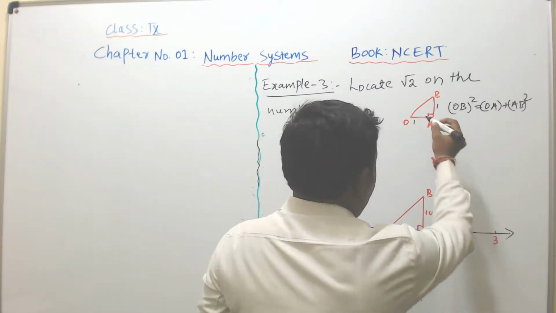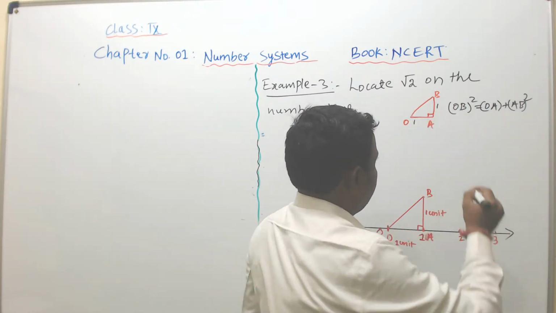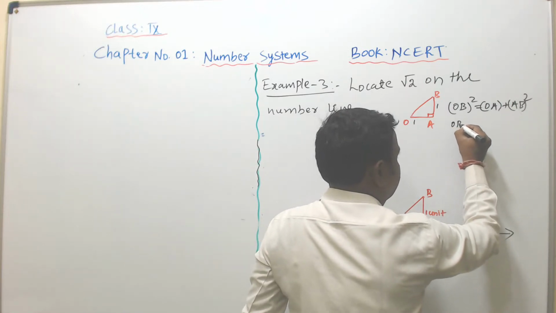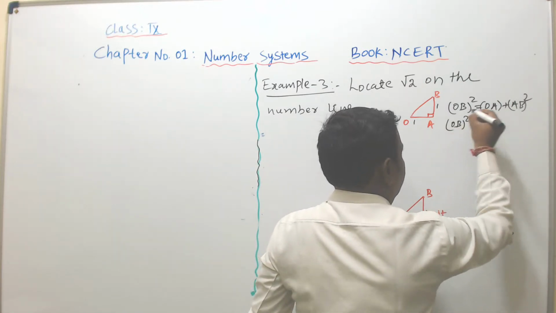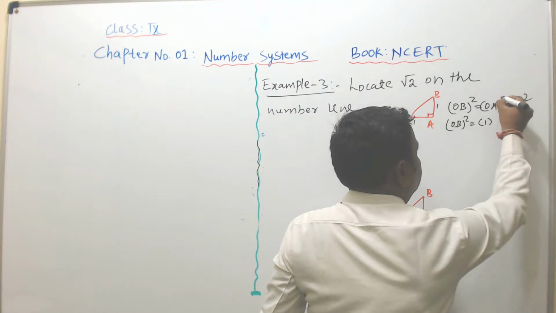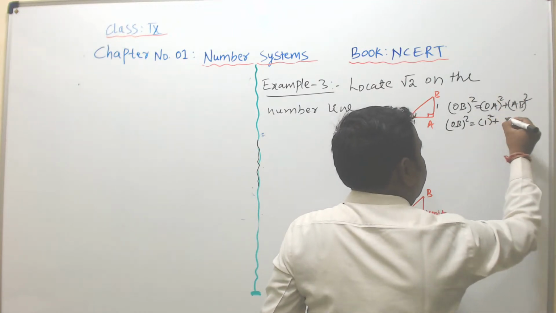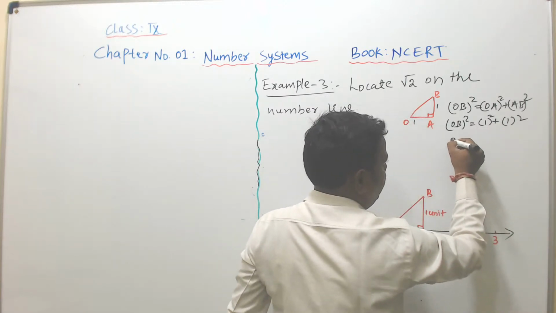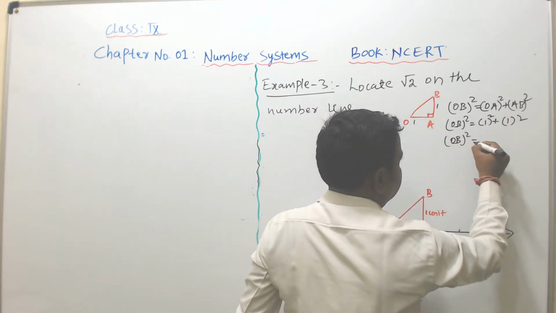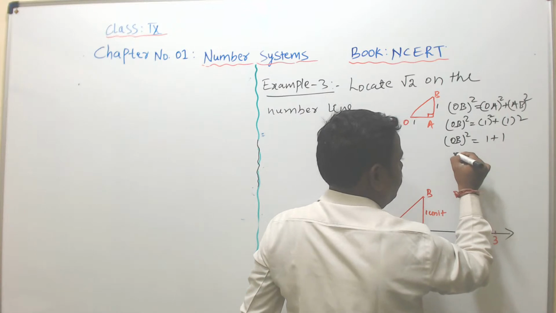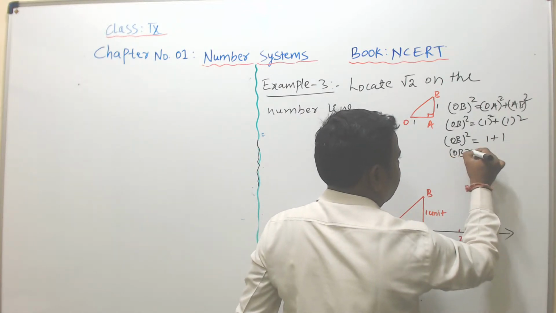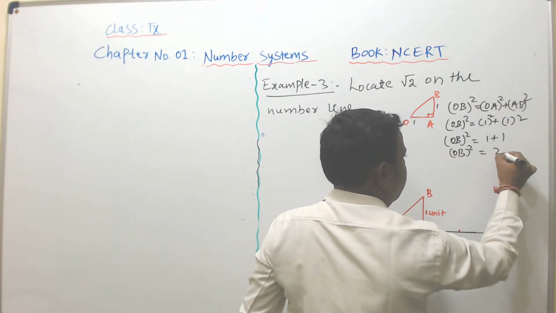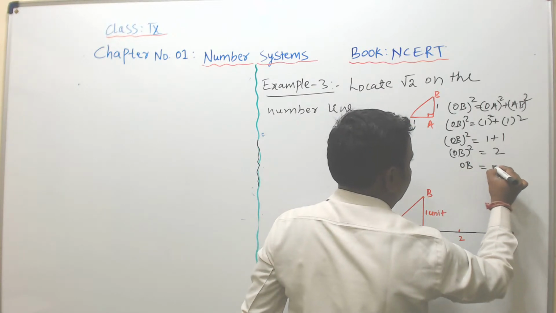So we are finding this OB. OB square is equal to OA square, which is 1 square, plus AB square, which is 1 square. OB square is equal to 1 plus 1. Then OB square is equal to 2. Then OB is equal to root 2.